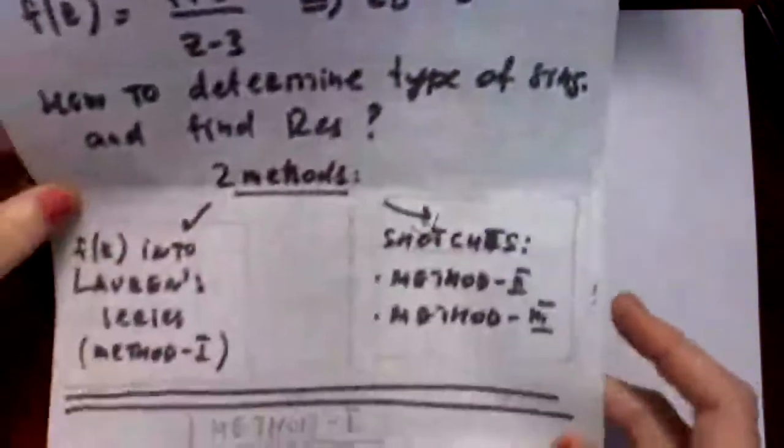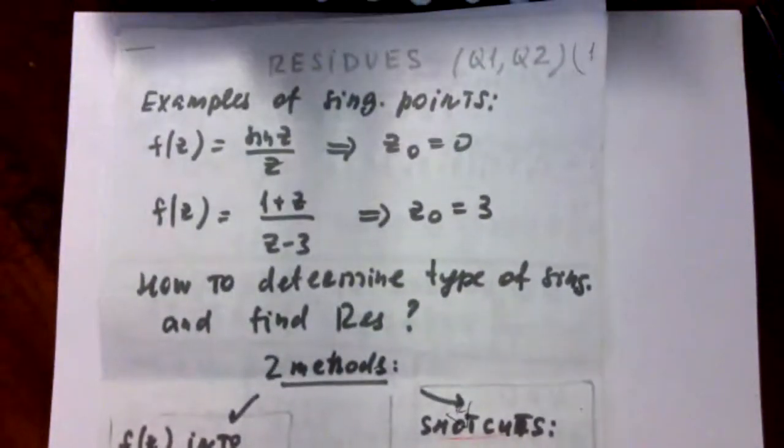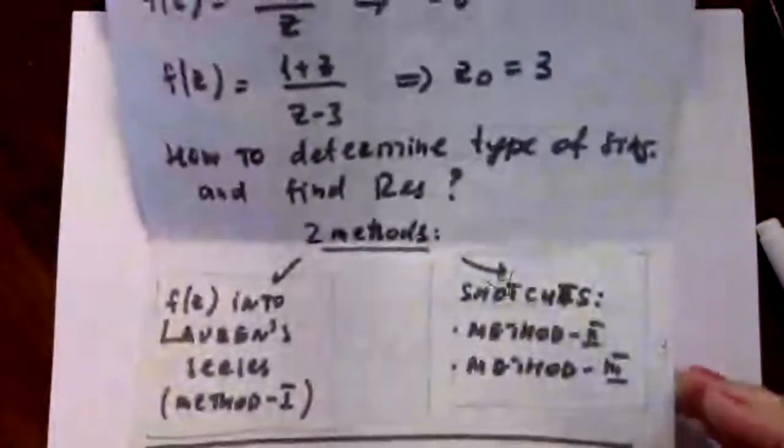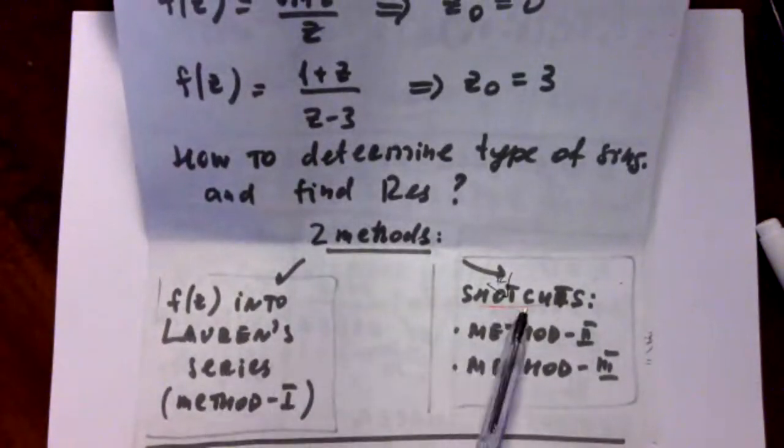So what do we know? What do we need to do now? As you remember from the very first page of tutorial 12, we discussed methods which allow you to determine the type of singularities and shortcuts.